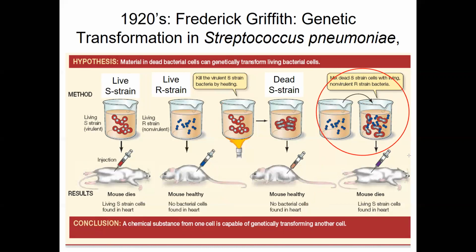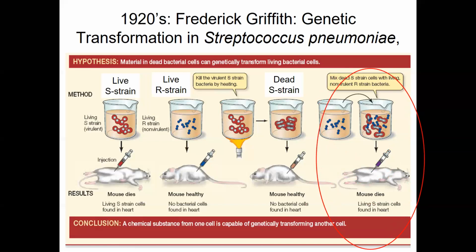put the harmless R strand of bacteria in that same solution that had the cell contents of the burst S strand of bacteria, then the R strand of bacteria could pick something up from the dead S strand and then turn themselves into a virulent or deadly strain of bacteria.